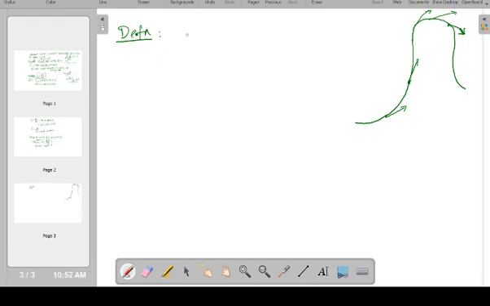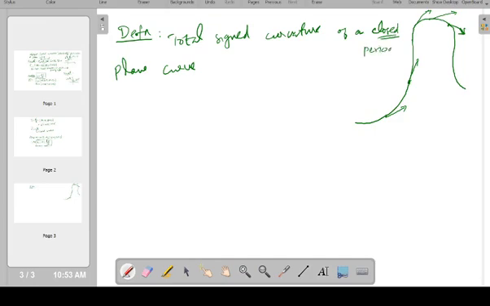So how do I define total signed curvature? The total signed curvature of a plane curve is defined as, so let us assume the curve is a closed plane curve. Closed means what? Periodic. Closed means periodic.